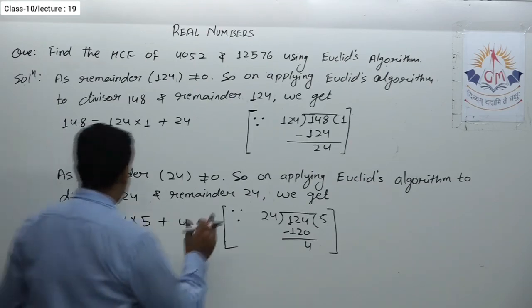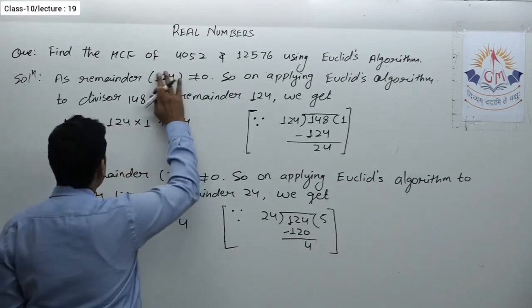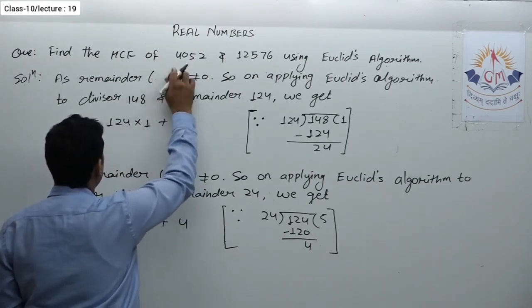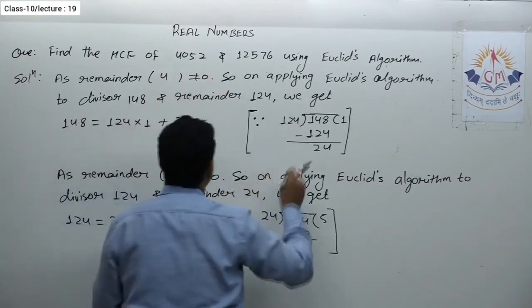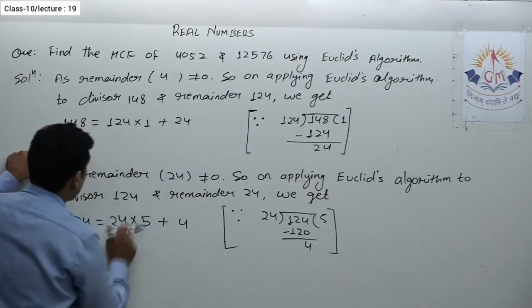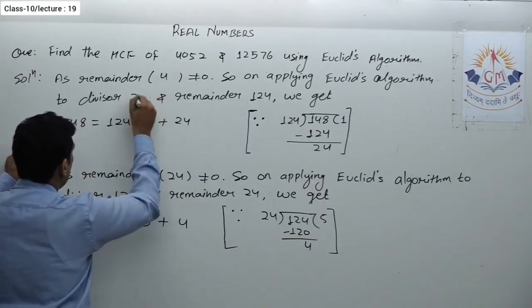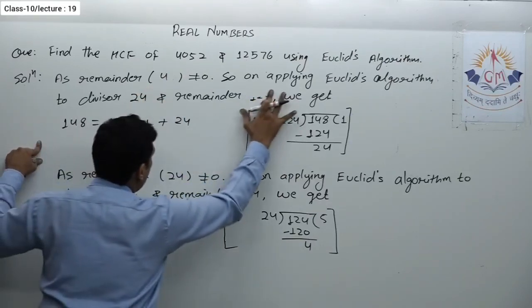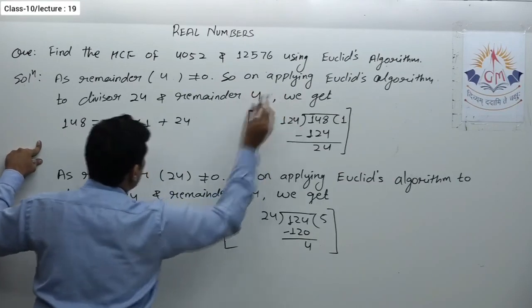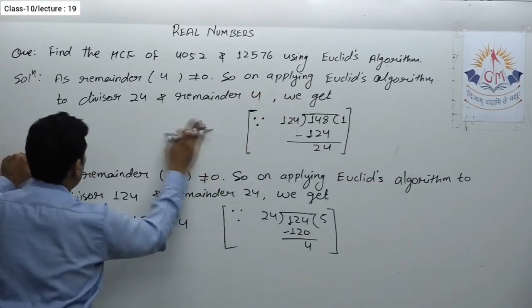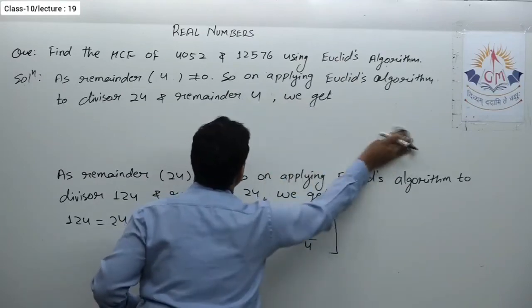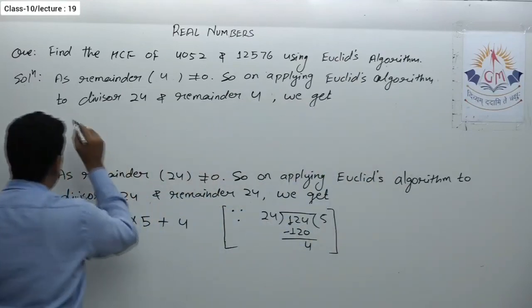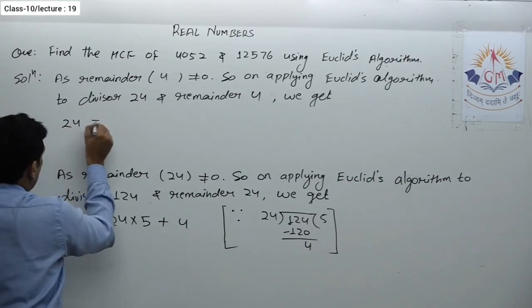Okay, so now I will continue with the same. As remainder 4 is not equal to 0, on applying algorithm to divisor 24 and remainder 4 we get... Let us see what we will get. Now this time definitely we are going to get remainder as 0, as I discussed right now.